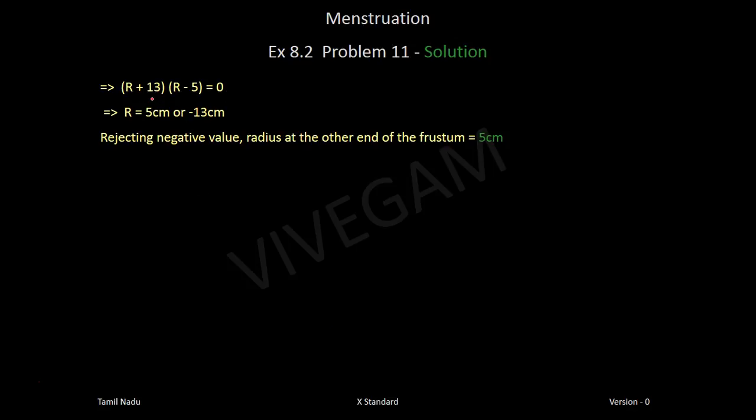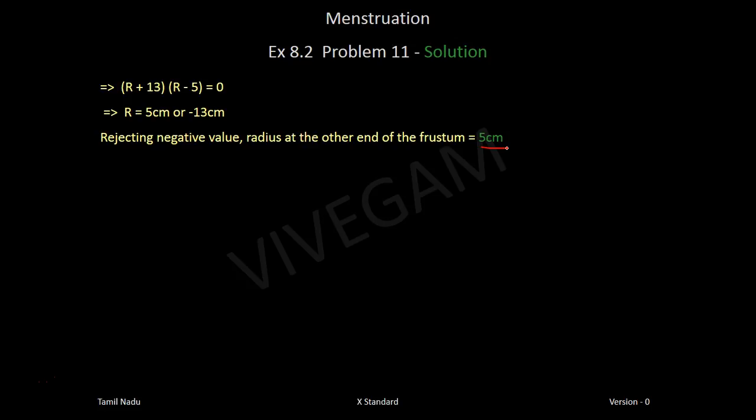A product of 2 is equal to 0, which means either this can be 0 or this can be 0. If R plus 13 equal to 0, R will be equal to minus 13 centimeter. If R minus 5 equal to 0, R will be equal to 5 centimeter. R cannot be negative, so we'll have to reject that. So we are going to get the radius at the other end as 5 centimeters.